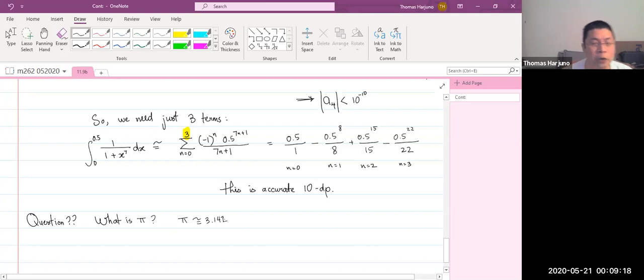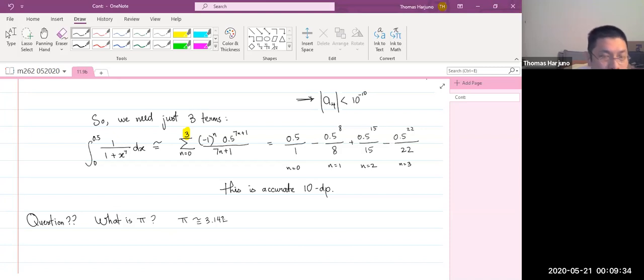But you have heard that there are some people who want to find pi accurate to many decimal places. In other words, we don't actually know the exact value of pi, right?